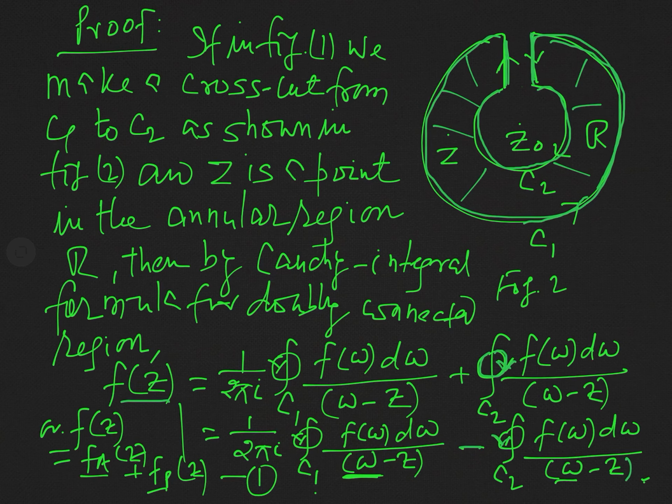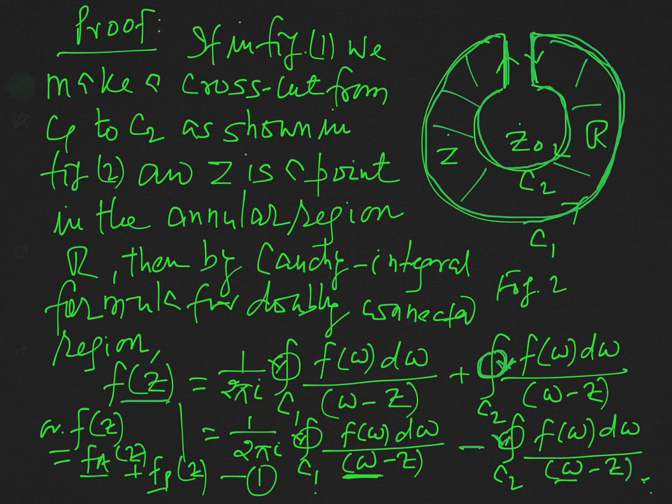Let the first integral be denoted by f_A of z, and the second integral with the minus sign be represented by f_P of z. The subscript A is for analytic; this is called the analytic part of the function f, and P stands for the principal part.